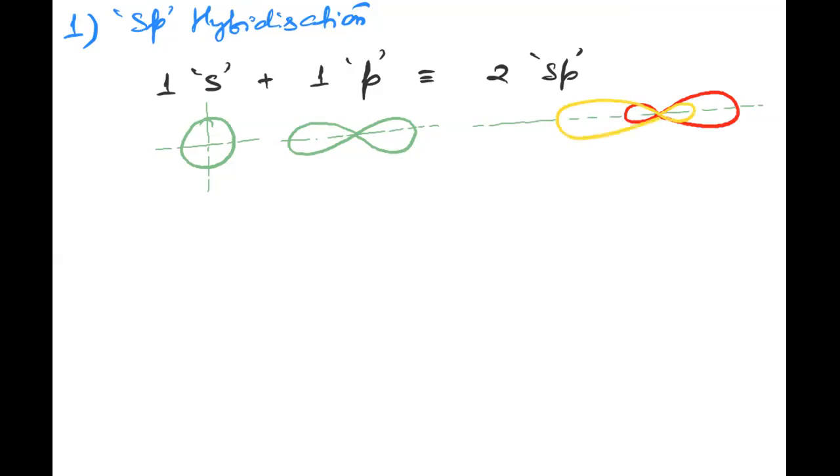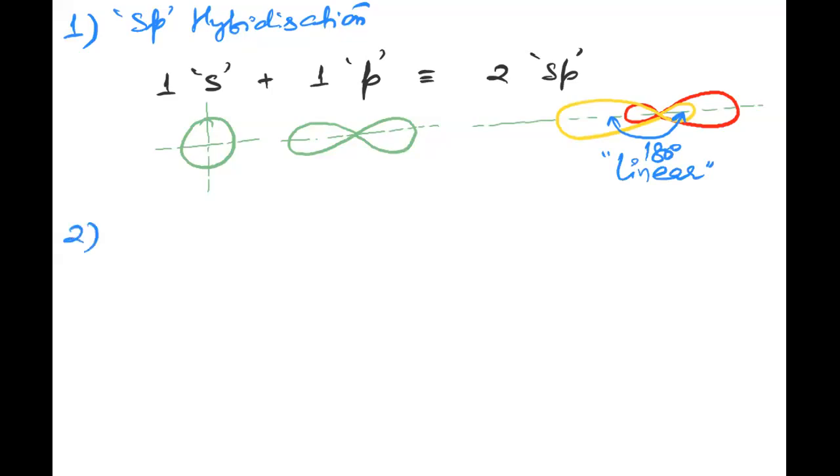So we have two sp hybrid orbitals, and according to VSEPR theory, for their minimum repulsion, their arrangement has to be linear. This bond angle should be equal to 180 degrees. In the case of sp hybridization, we have 1s mixed with 1p, and they form two sp hybrid orbitals. The geometry is going to be linear.